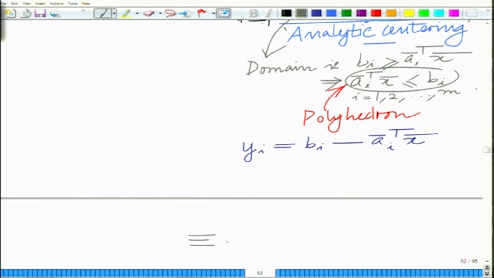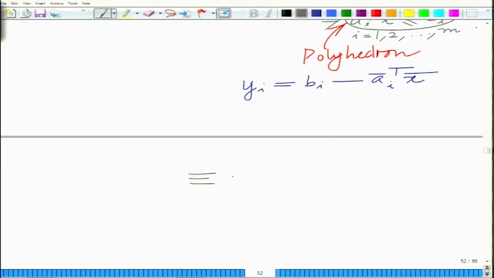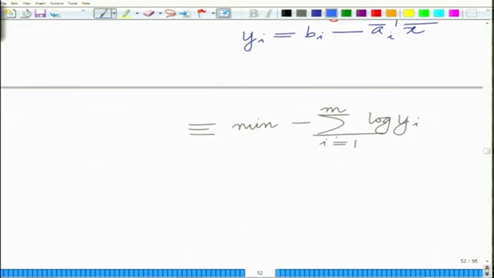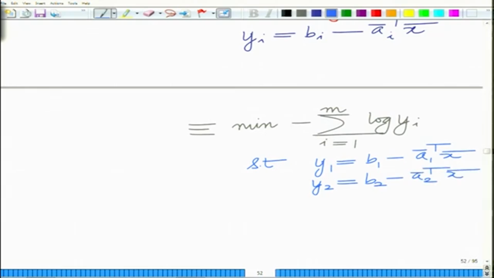So, therefore, the optimization problem can be equivalently written as minimize minus summation i equal to 1 to m log yi, that is the natural logarithm of yi, subject to the constraints y1 equals b1 minus a1 bar transpose x bar, y2 equals b2 minus a2 bar transpose x bar, and ym equal to bm minus am bar transpose x bar.